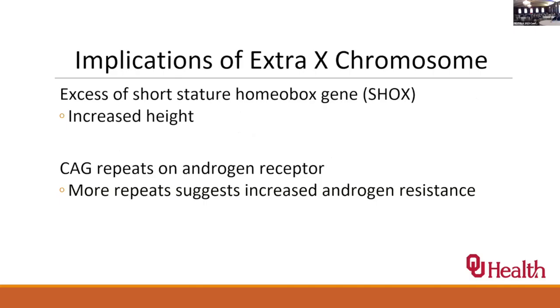So we have implications of the extra X chromosome. Dr. Barron mentioned this a little bit earlier, so he's stealing some of my thunder here, but it's obviously a great talk. So 2 things I want to focus on. We have an excess of the short stature homeobox gene, or the SHOX gene. We know this has an increase in height. As he mentioned, there's about 50% of the genes on the X chromosome that do not get inactivated.